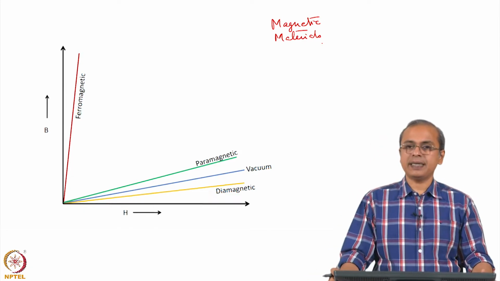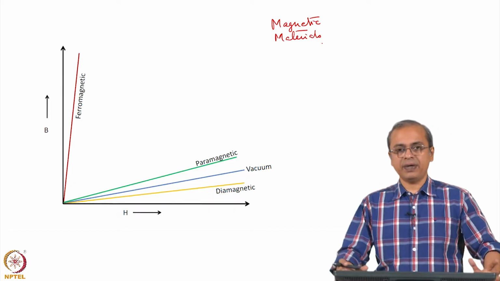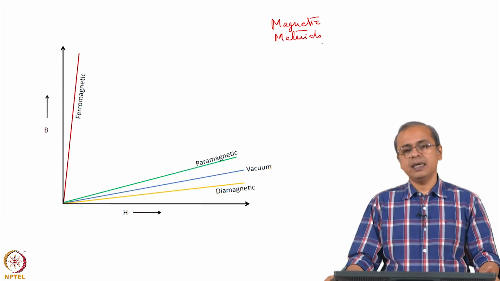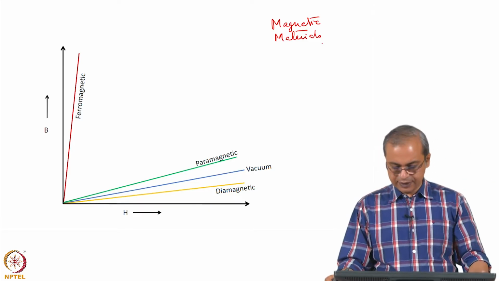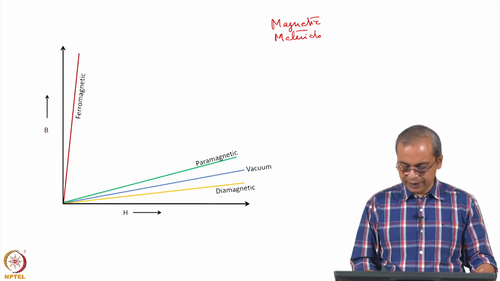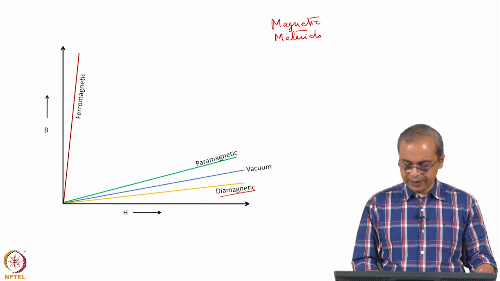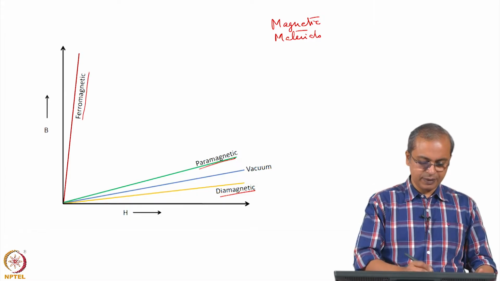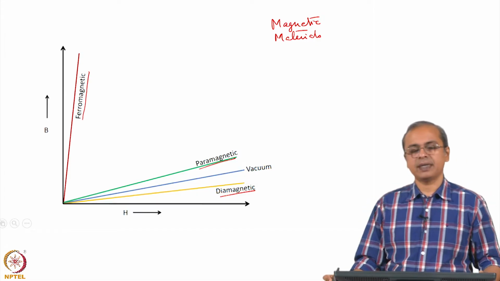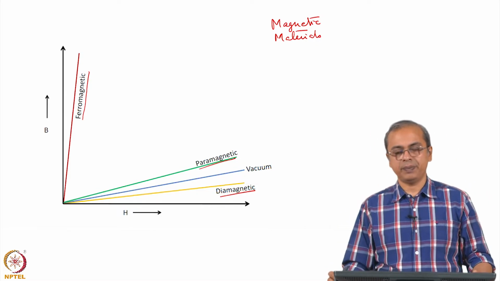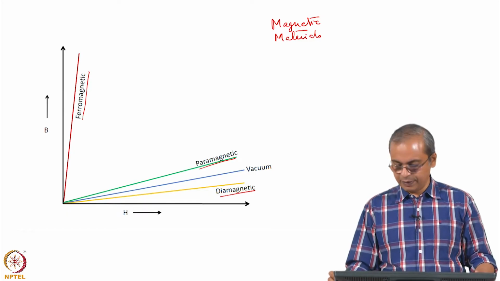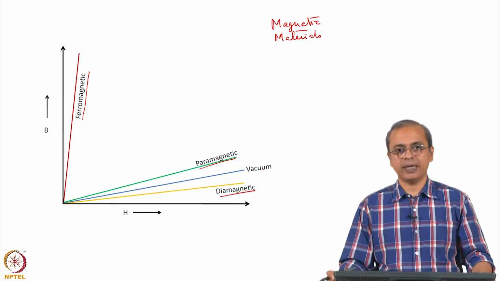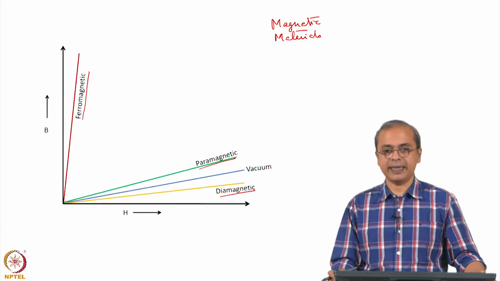Once that concept was understood and then explored some more across all materials, the materials could get classified into these kinds: diamagnetic materials, paramagnetic materials, and ferromagnetic materials. So, these are three different categories into which materials could get segregated.